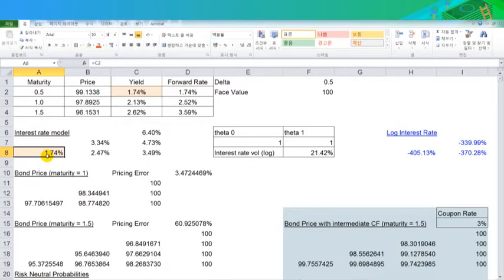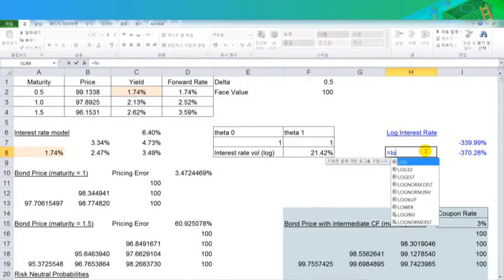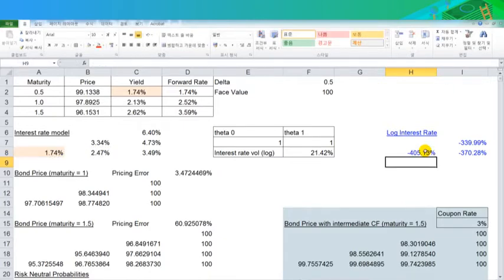In the Ho-Lee model, we directly model this interest rate. Now in the BDT model, the Black-Derman-Toy model, we take the log and model the log process. So first, we take ln, the log of this one. Right, we have this one. Now, as before, we model the process.